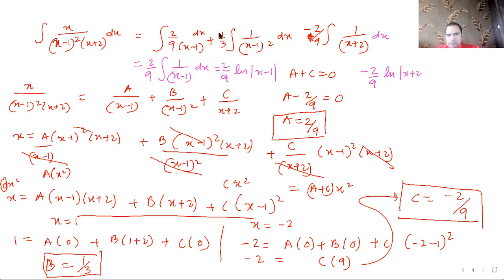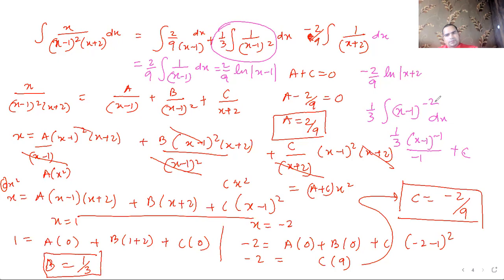But the problem is here: this is not going to be ln, so you integrate 1/3 by first taking it as (x minus 1) to the power negative 2. Once you integrate this, it'll be 1/3 times (x minus 1) to the power negative 1 over negative 1, and divide by the coefficient of x, which is 1. So plus c.